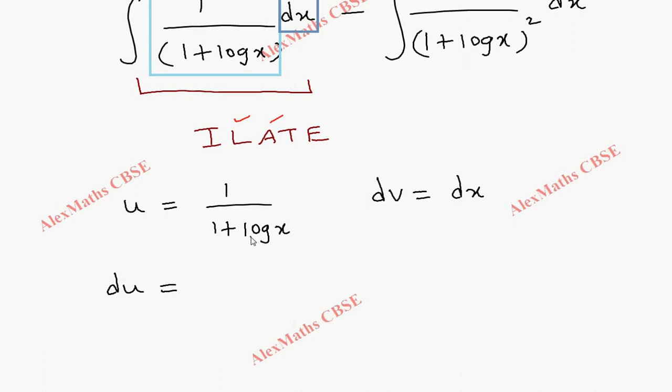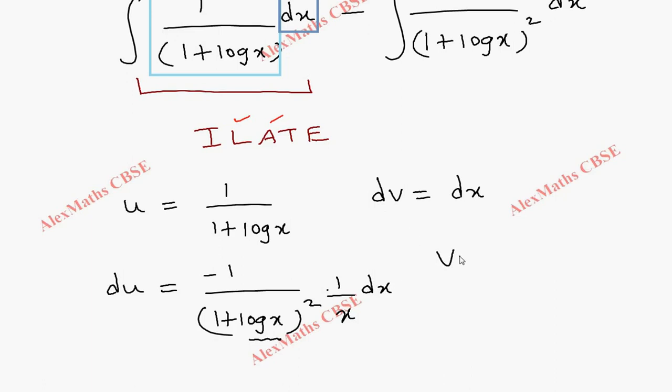We can directly use the chain rule. The derivative of 1 by x is minus 1 by x square. So it is minus 1 by (1 plus log x) whole square, and by the chain rule, the derivative of log x is 1 by x into dx. And from dv, we integrate to get v, which is nothing but x.